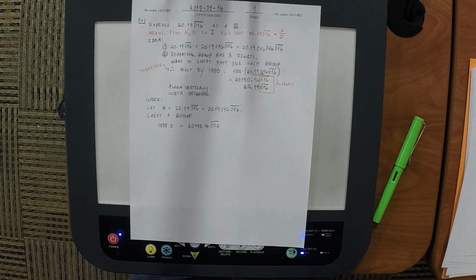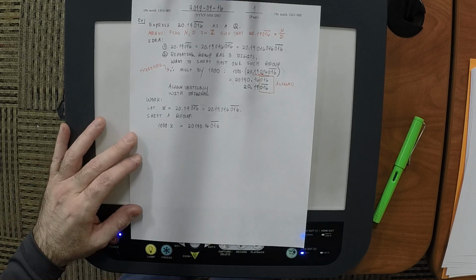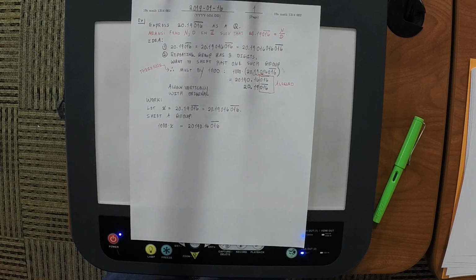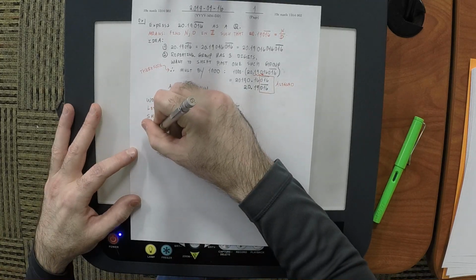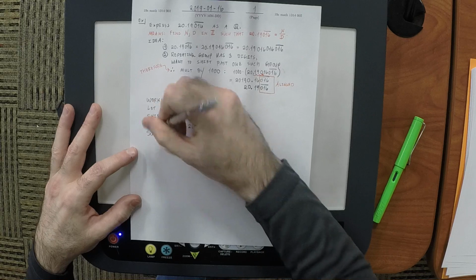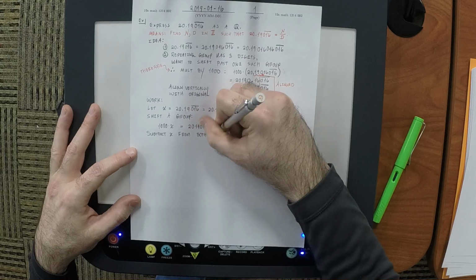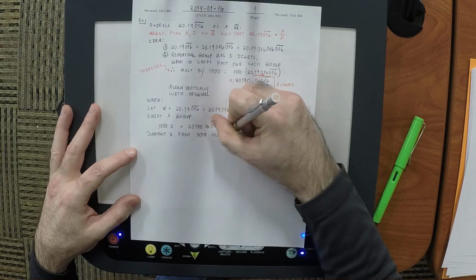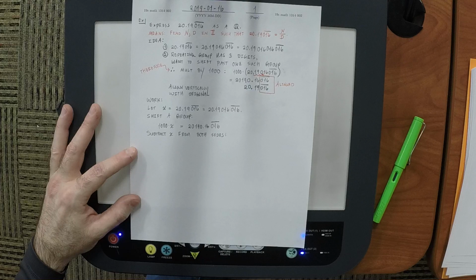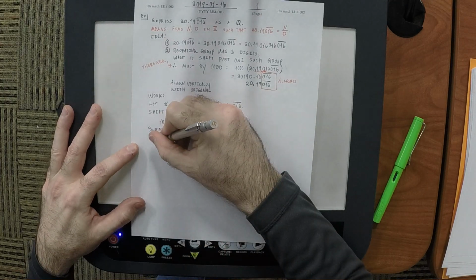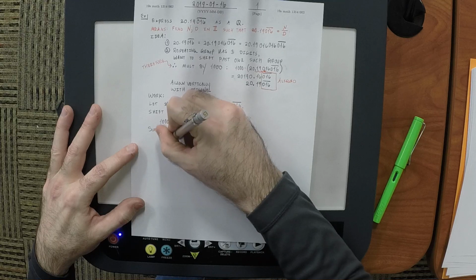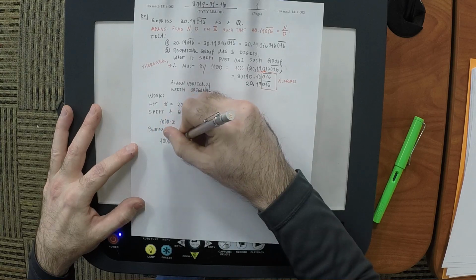Okay, so now we're going to subtract x from both sides. All right. So then it would look like this. I'll write the left-hand side like this: 1,000x, and then subtract an x.